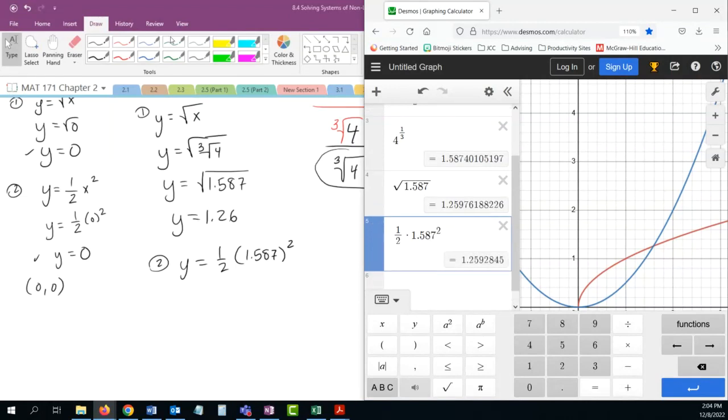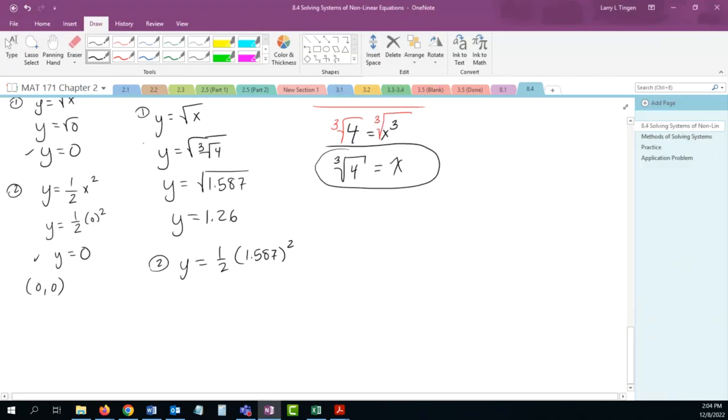Did I get the same thing? Yes. They're not exactly the same, and the reason for that is the rounding, right? The fact that we rounded x to 3 decimal places and then plugged it in. But my y's match.